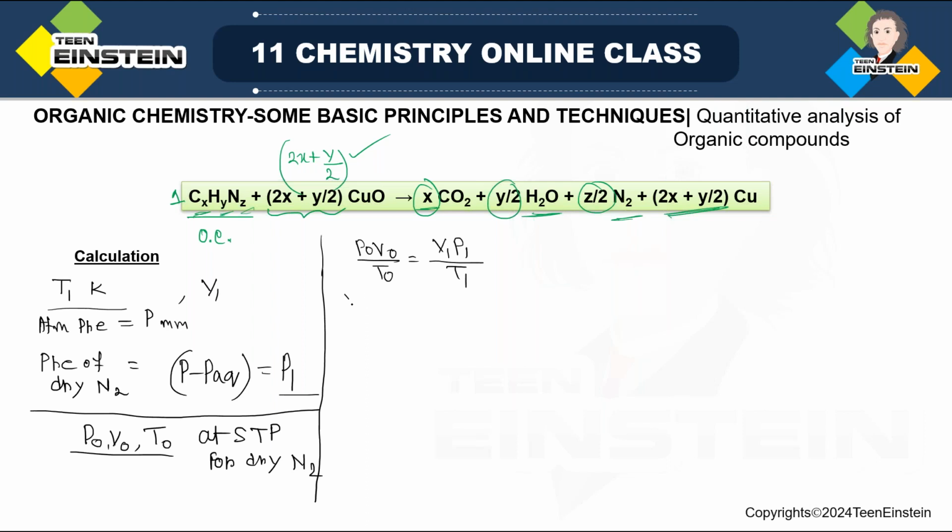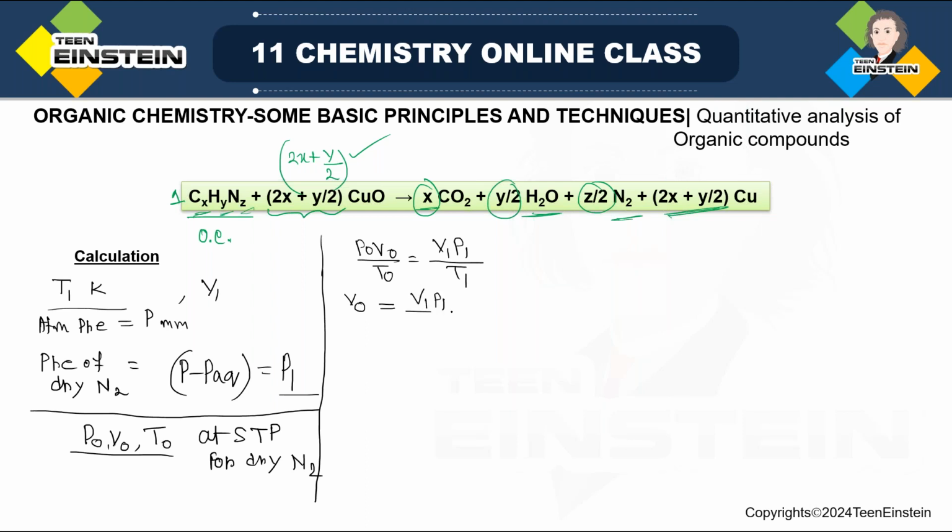Now here we need the value of V0. What is the volume at STP? Because if you know the volume of any gas at STP, then you can easily calculate the number of moles. We know that for any gas at STP, 22.4 liter of any gas is 1 mole of that gas. That is why we are calculating V0, the volume of dry nitrogen at STP, from this equation.